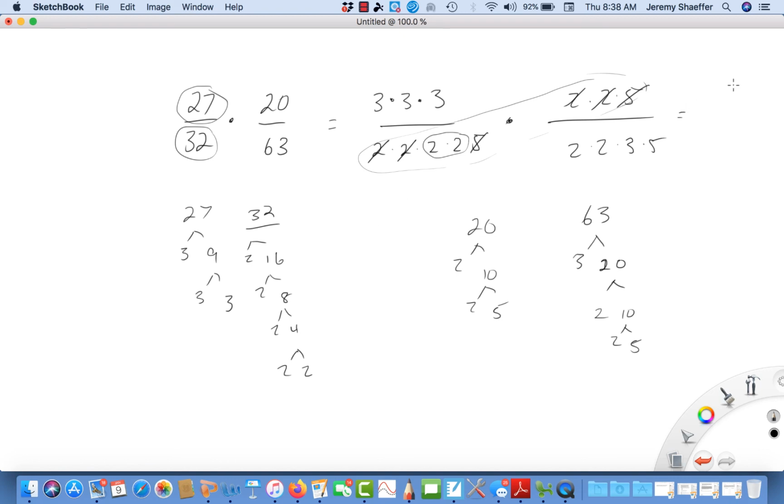So let's do that. All right, now let's do the 3's over here. This 3, this 3. No 2's up on top. No 5's. So we're left with 3 times 3, which is 9. And then 2 times 2, which is 4. And then here we have 2 times 2 times 5, which is 20, right?